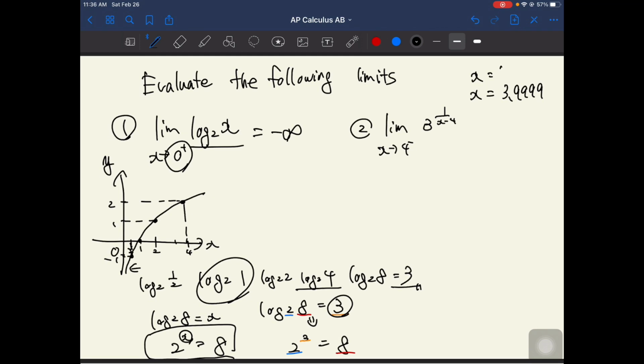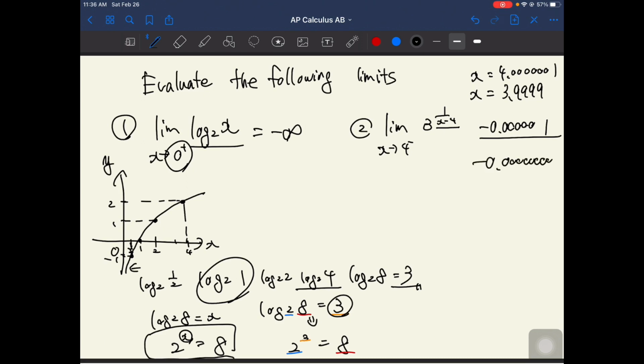If x approaches from the right side, the x value is going to be really close to 4, but a little bit bigger than 4. Okay, so in this case, it's really close to 4 but a little bit smaller than 4, so x minus 4 is going to be like negative 0.1 or something like that. It's just an example.